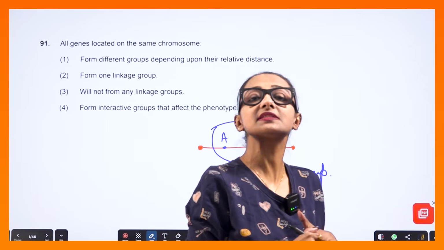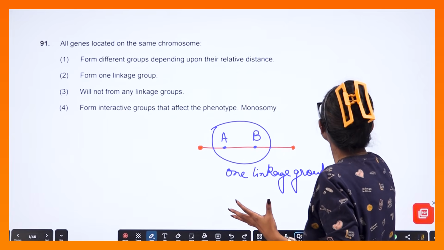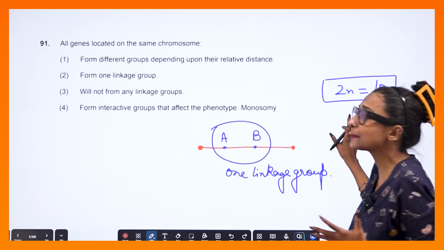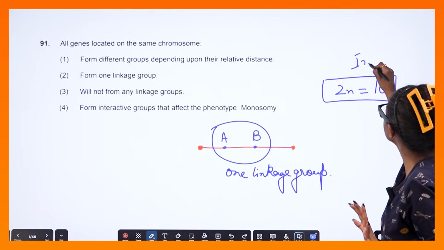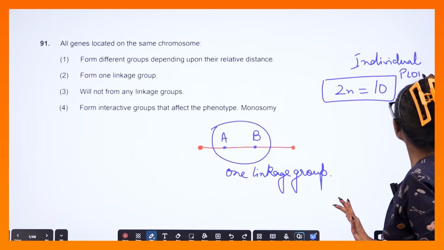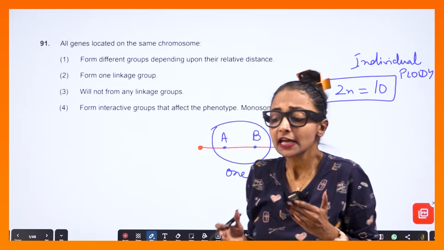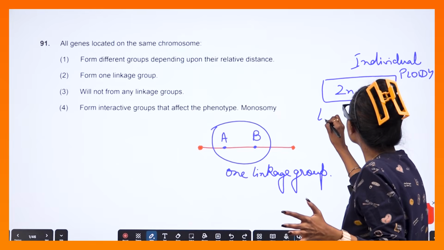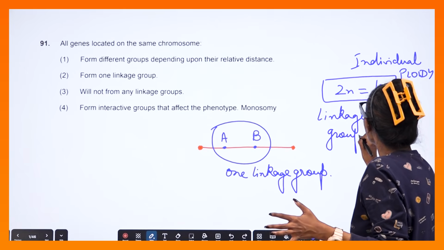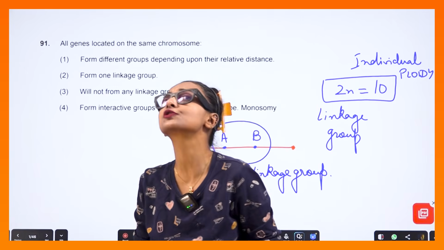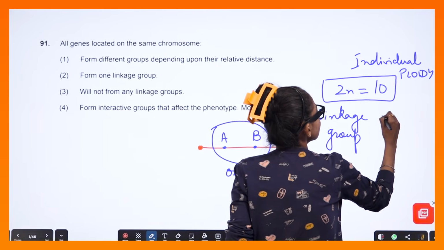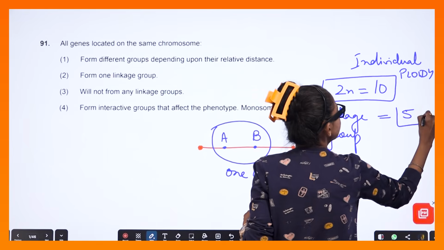Remember those questions where they said that suppose there is an individual with ploidy 2n equal to 10? Remember those questions where we calculated the linkage group? The linkage group was calculated as half of this, so 5 was the linkage group.